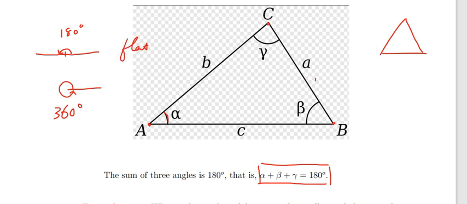And half of 180 is 90 degrees, right? So we call this a right angle, 90.